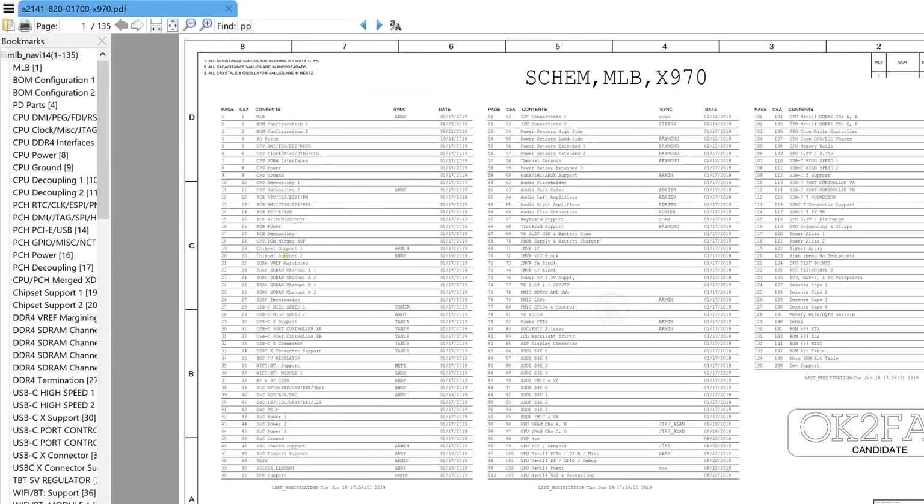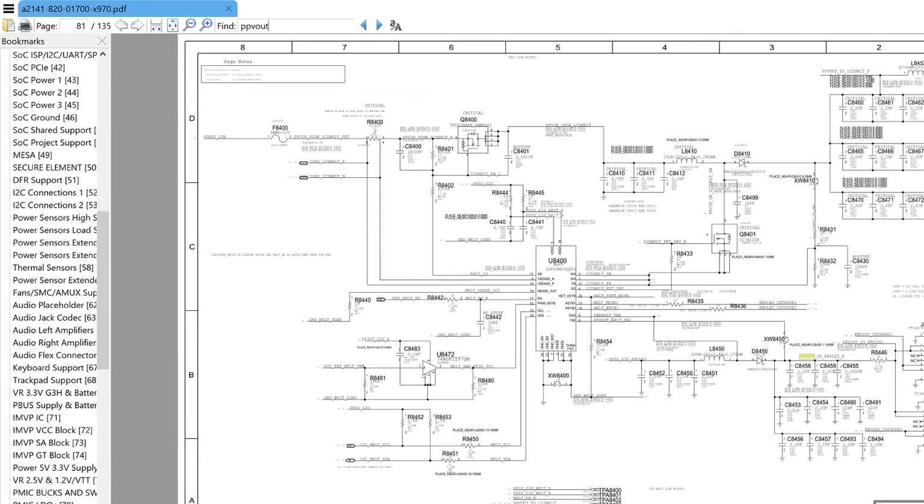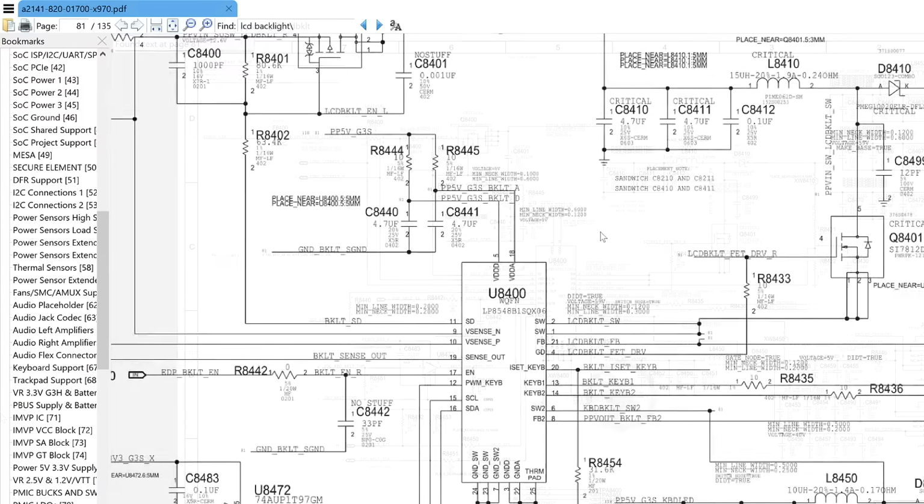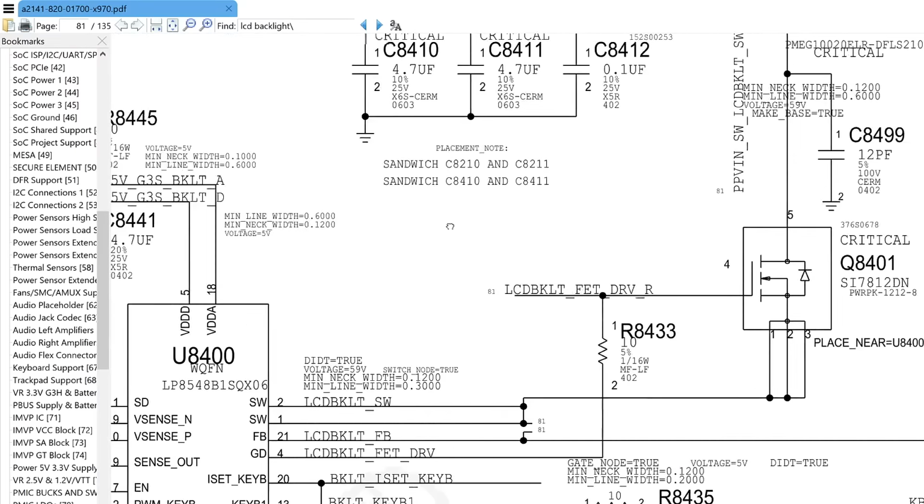So for this one here, let's open up a circuit diagram, schematics, and I just want to quickly go over what could be wrong. Let's search for PPVOUT_S0_LCDBKLT. Right there.